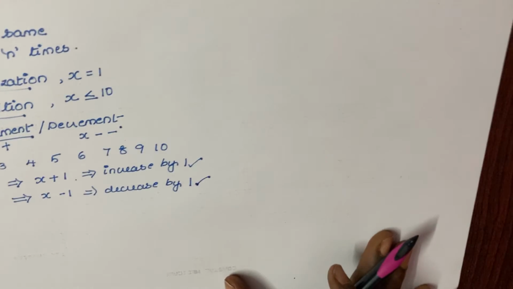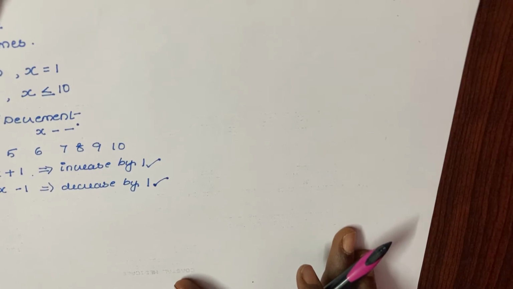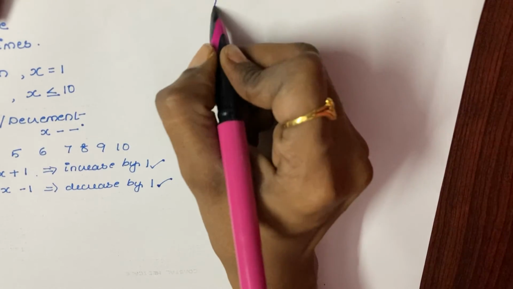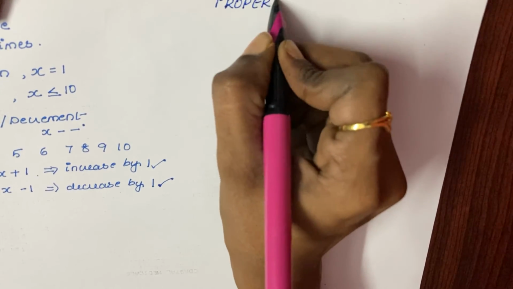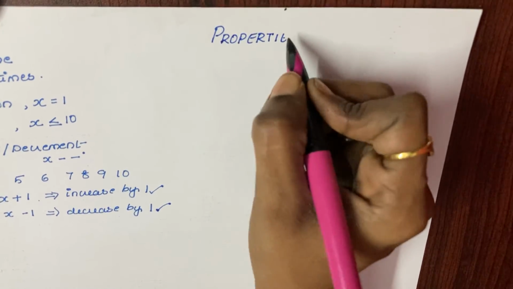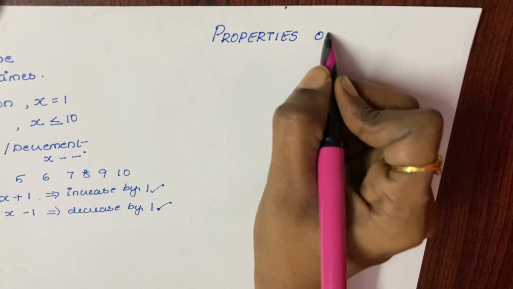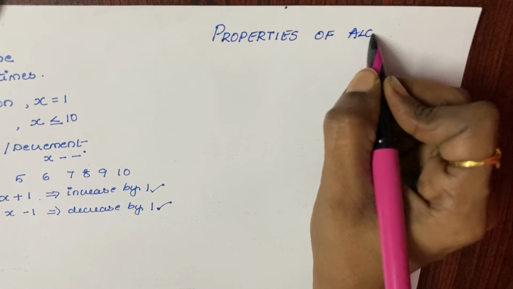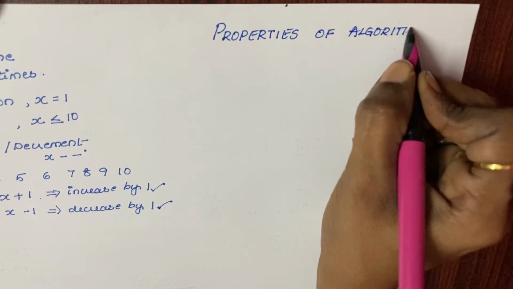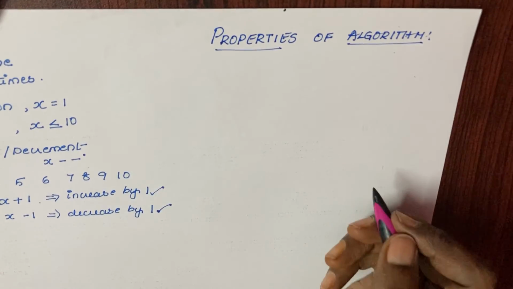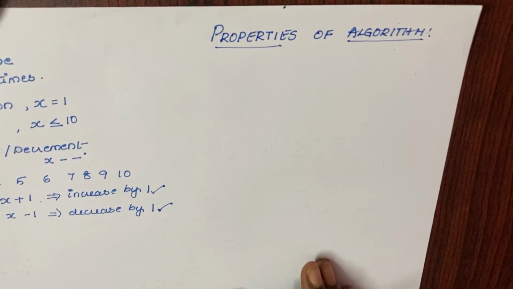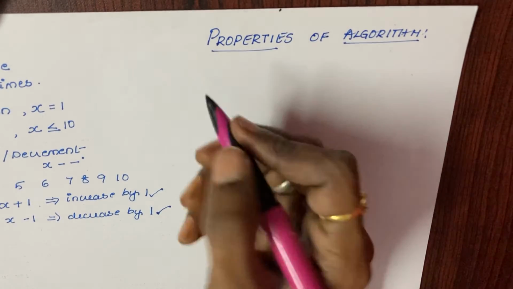Now we are going to continue with the different properties of an algorithm. We are going to talk about the features or properties of algorithm. There are mainly 5 features for an algorithm.